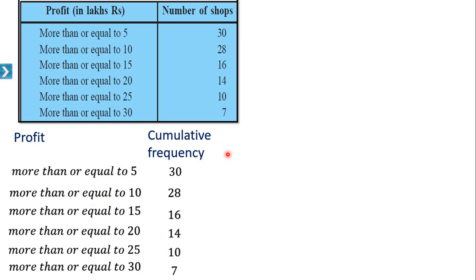Now, let us write the ordered pairs to plot the points for the graph. Now, pair is lower limit with their corresponding cumulative frequencies. Now, for lower limit 5, corresponding cumulative frequency is 30. So, 5, 30, then for lower limit 10, cumulative frequency is 28.